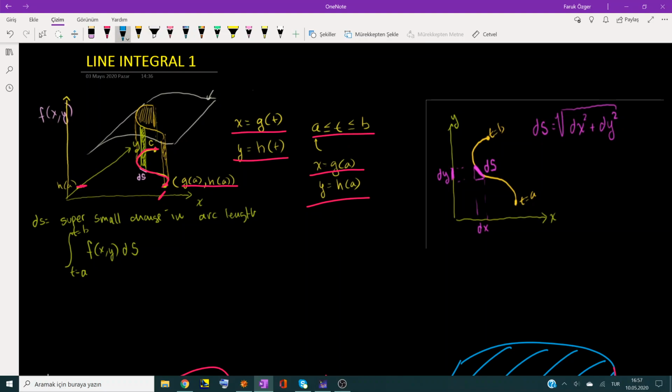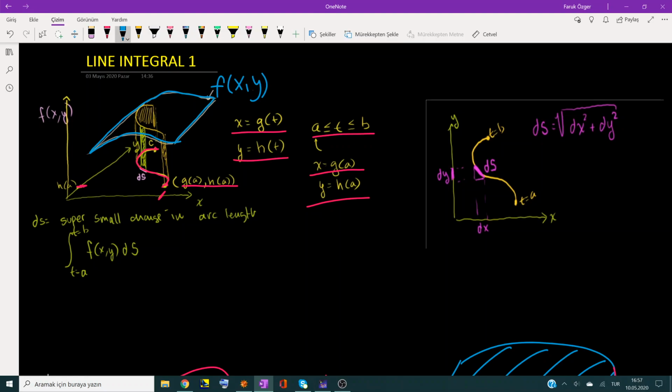And let's say we have the surface f of xy. This is the surface f of xy here. Now I mark each corresponding point on the curve, x equals g of t, y equals h of t.